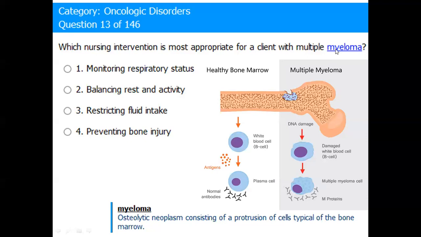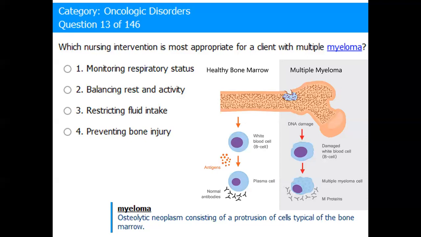So multiple myeloma, also known as plasma cell myeloma, is the cancer of plasma cell, a type of white blood cell. This plasma cell normally produces the antibodies.